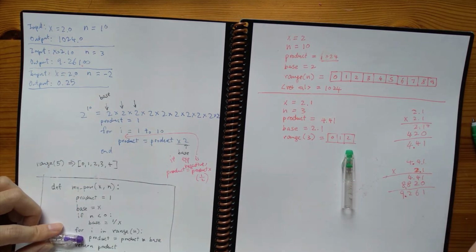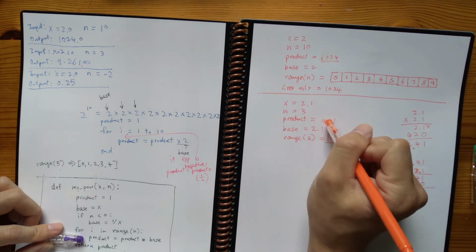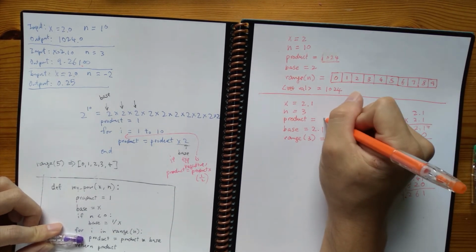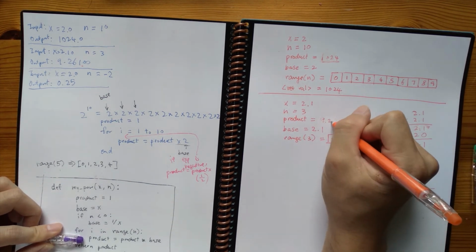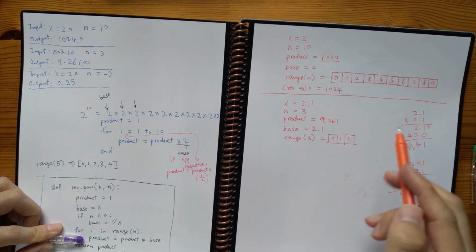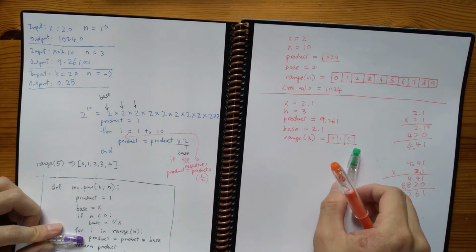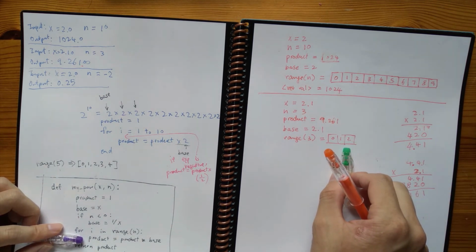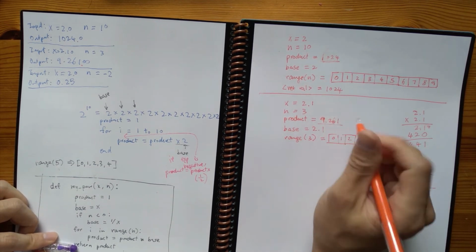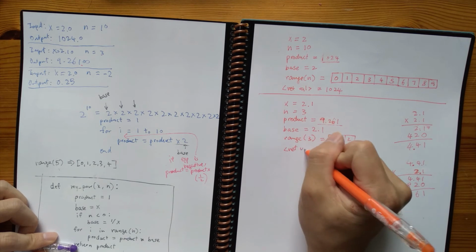That's the expected answer, so I think I got it right. Okay, so we were at the end of the range, so that's going to drop out of the for loop and return the product, which is the right answer.